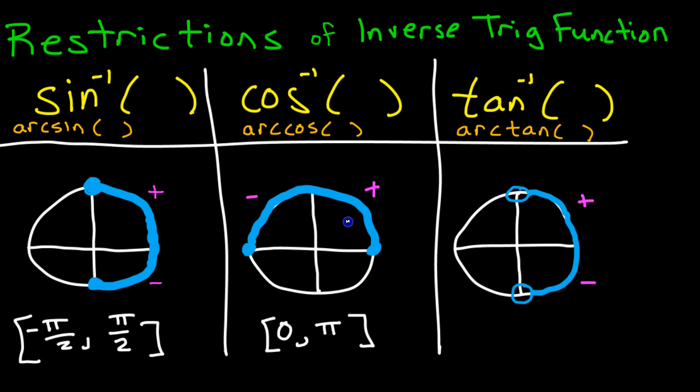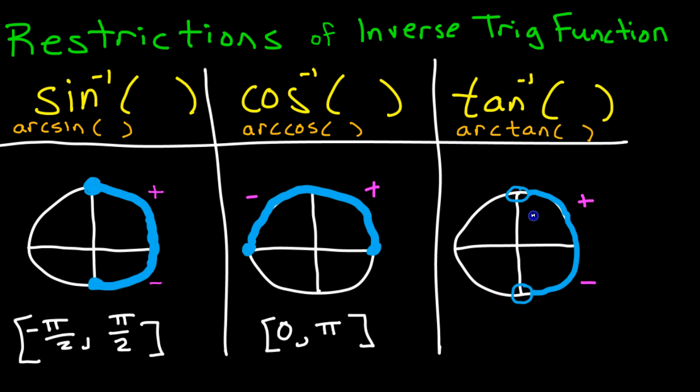For cosine, again, by choosing this interval from 0 to pi, we're getting the positive values and the negative values. And then for tangent, we're back to the right-hand side of the unit circle. And again, tangent is positive in the first quadrant, negative in the fourth quadrant. So this is, again, allowing us to get all of the values, the positives and the negatives.